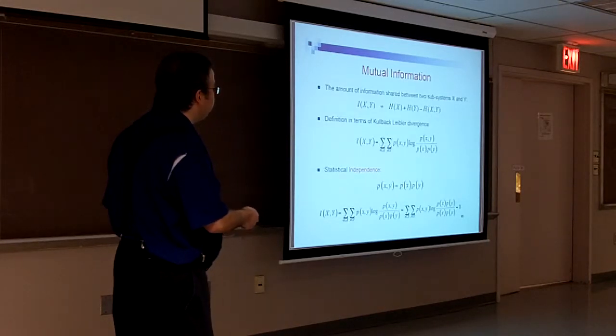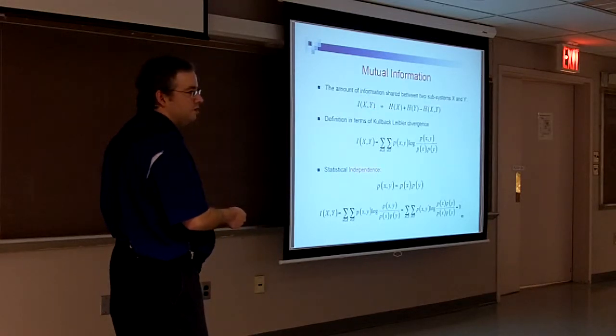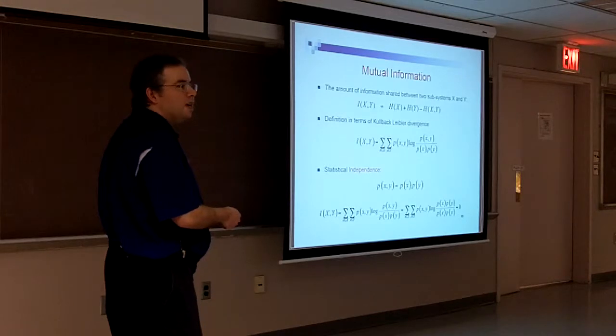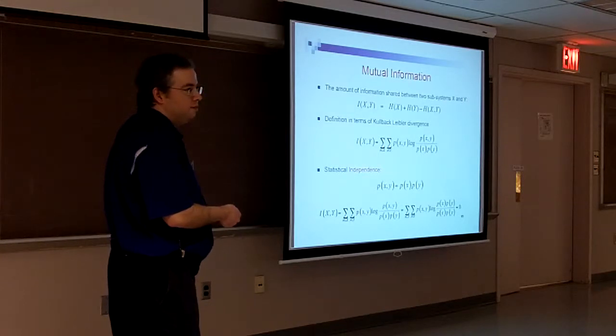So in all of these estimations, if you estimate these quantities first, and then do these additions and subtractions, you always end up with biases. There's no way to avoid this.